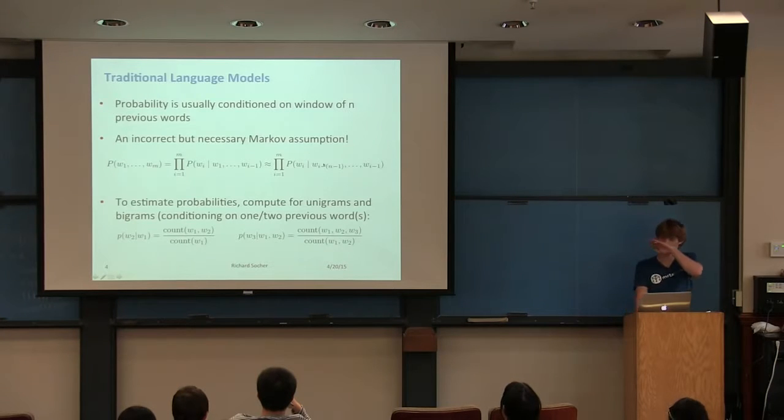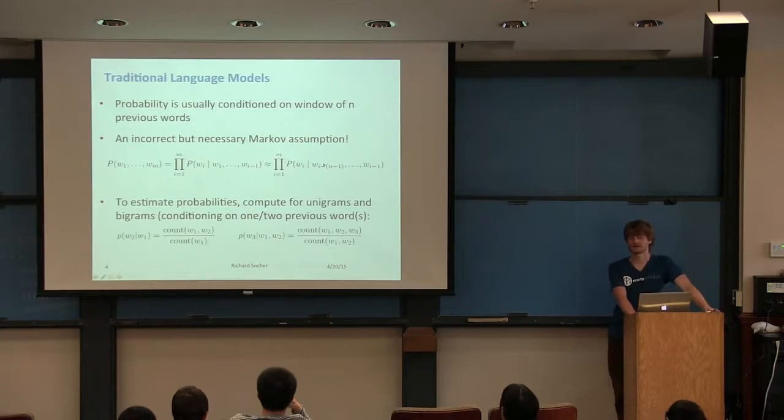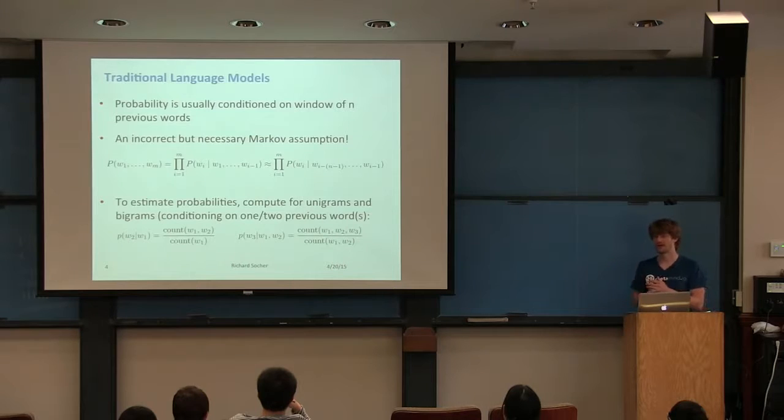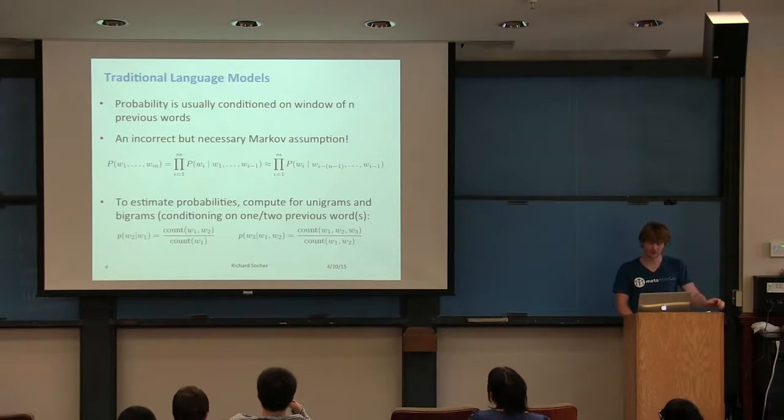words. And of course, that is a simplifying assumption that these kinds of models have to make, because the way they actually estimate these probabilities is by taking counts for specific sets of unigrams, bigrams, and generally n-grams that you see. So how do they actually compute the probability for a given word given its window?